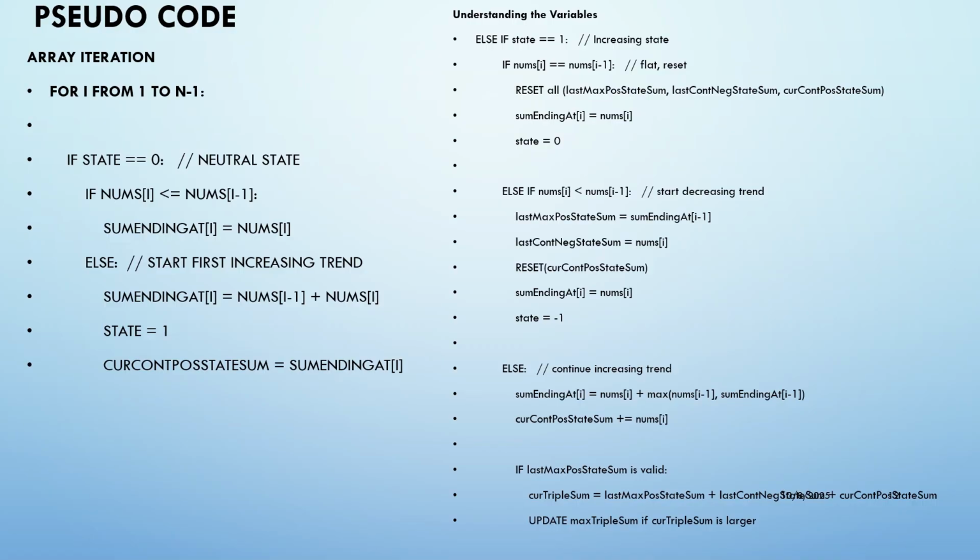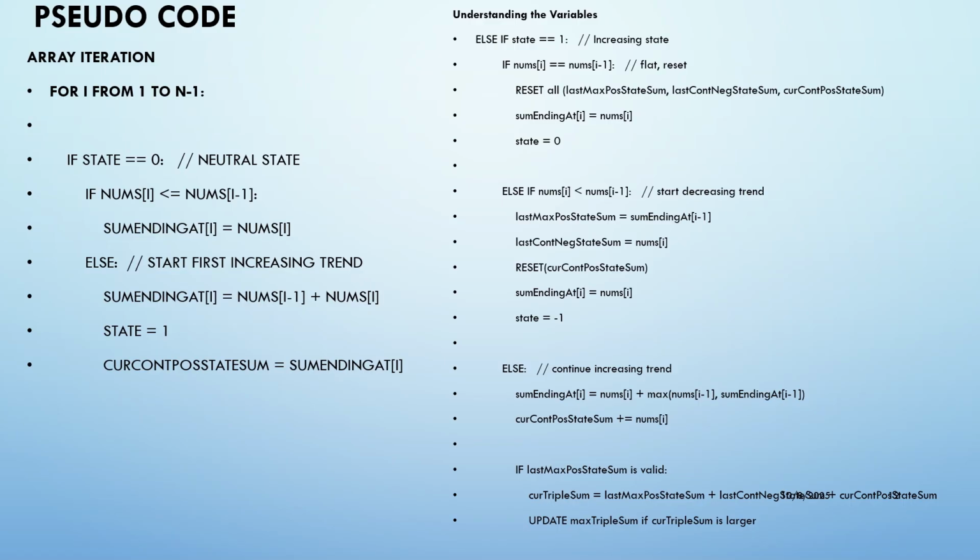The previous element is also part of the positive trend. For example, if you are at 2 and now you are seeing 3, both 2 and 3 will contribute to the sum ending at 3. So it will be 5. And also we will initialize the current continuous positive state sum to be 5 again, which is the sum ending at i.